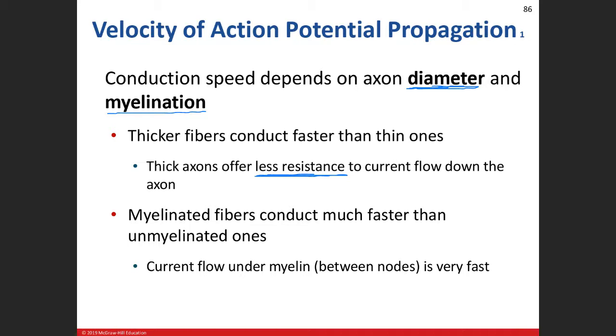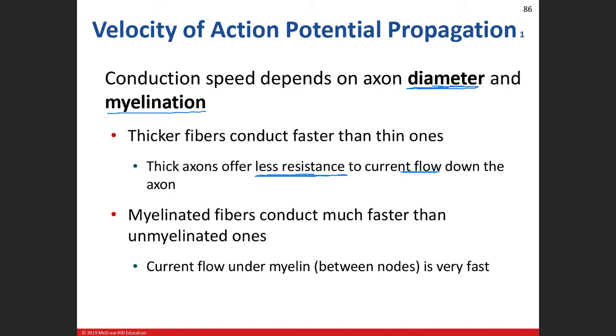And that has to do with the amount of resistance. I didn't cover this in class, but it talks about resistance versus flow, and this is actually a concept that you'll get into more detail in 211. So if we have less resistance, we can have more flow, or speed of the flow of the action potential down the axon.